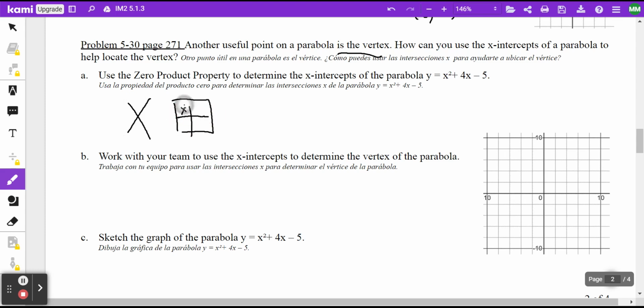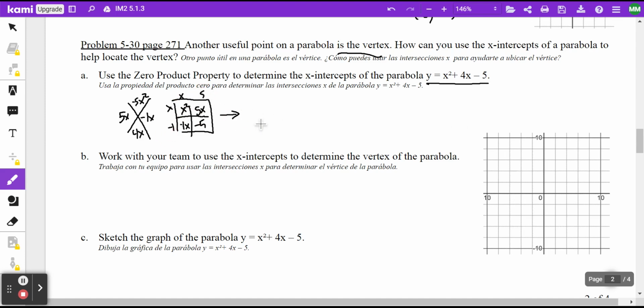Got x squared, negative 5. I want to add to 4x. That's going to be 5x and 1x. Sorry, negative 1x. Okay, x, 5, negative 1.